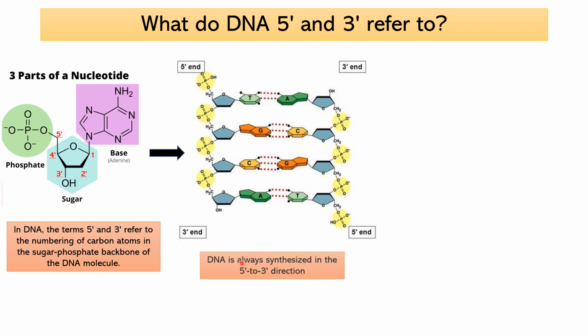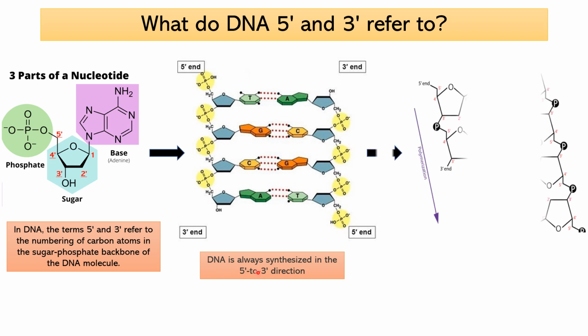So then the question is, why does synthesis always move from the 5 prime to the 3 prime? The answer is, if we look here at this strand, this is an ongoing synthesizing strand. As we can see here, this is the 5 prime, which is the phosphate group. And here is the 3rd carbon, which is bound to the hydroxyl group. This is the new nucleotide.